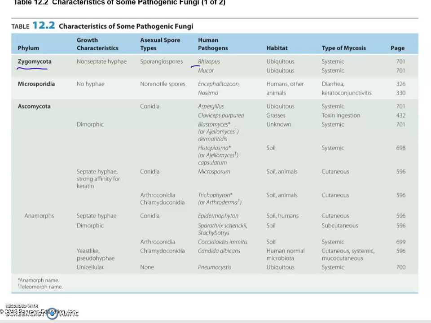You'll hear about the rhizopus. We do have that in the lab, or we would have had it in the lab. Microsporidia, there's also not too much here in terms of the human pathogens. Not much that you would have to know anyway. But here on the ascomycota, there's quite a few that you will hear about, again, also in the lab part that goes along with this lecture.